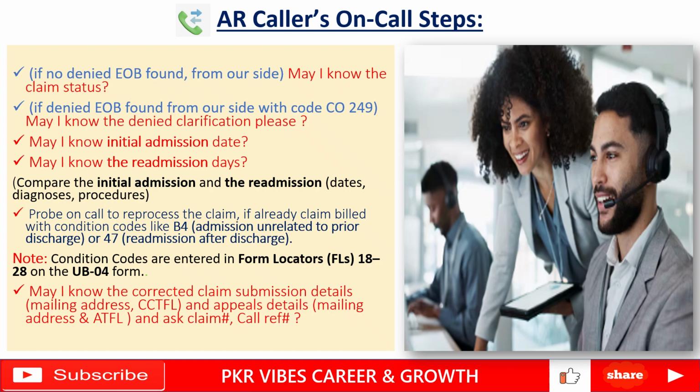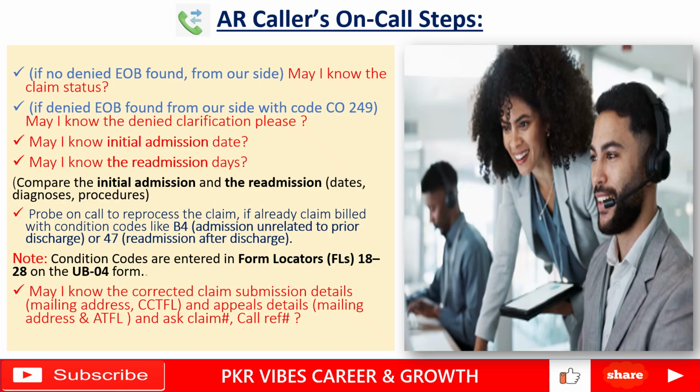I have given one more point: probe on the call to reprocess the claim if the claim was already billed with condition codes like B4 and 47 on a medical claim form. Guys, this condition applies if you are working on institutional claims like UB-04 claim forms, which we can also call the CMS 1450 claim form.